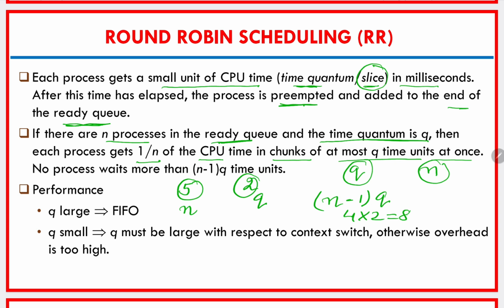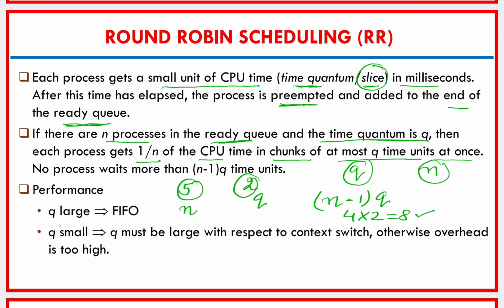At the most, the waiting of that process in the ready queue will be 8 time units. That's it. One more point is that every process is going to get executed after a certain span of time. There is no unlimited waiting here.